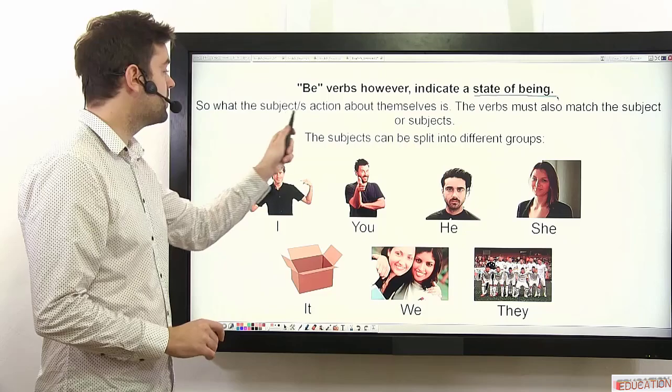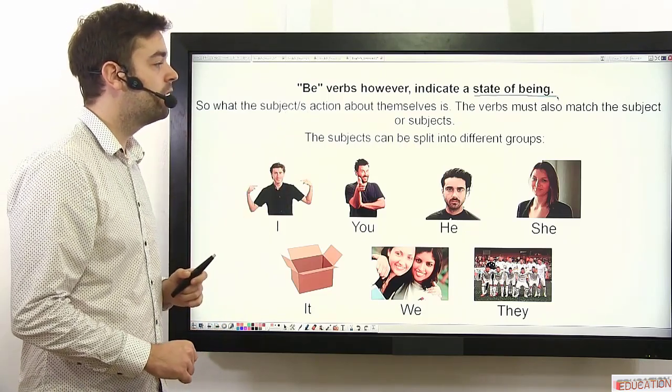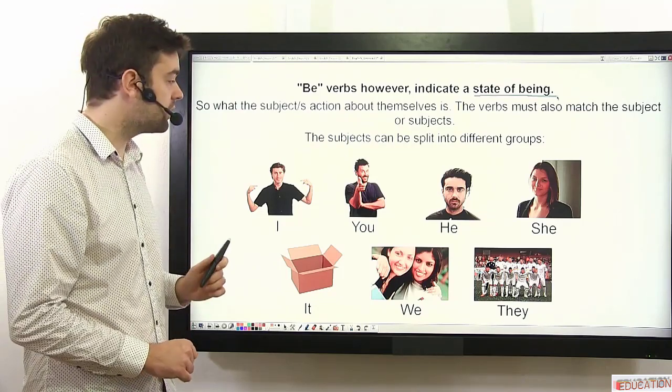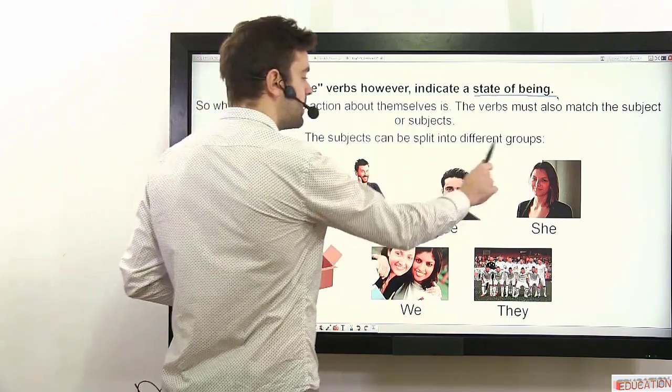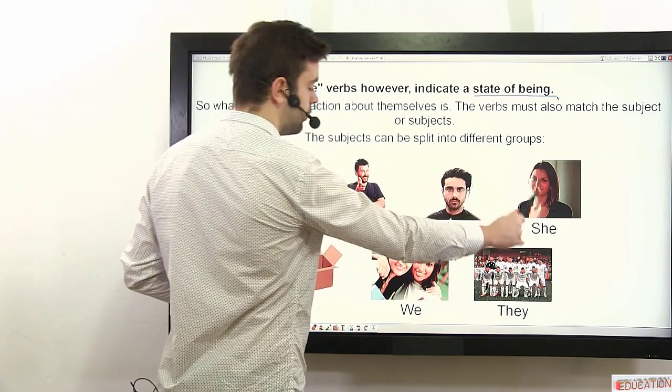So, what the subject is about themselves. The verbs must also match the subject. So, as a recap, the subjects can be split into different groups. Here are the groups.